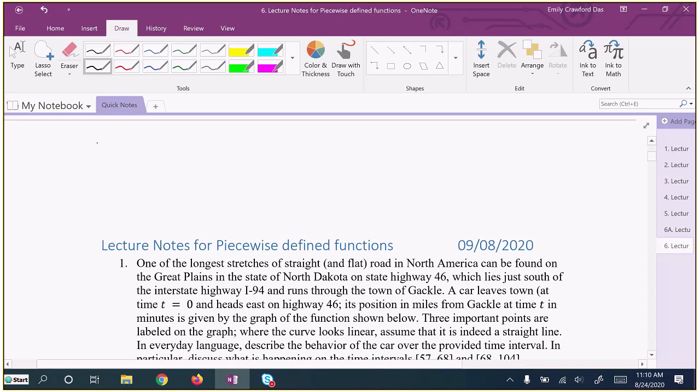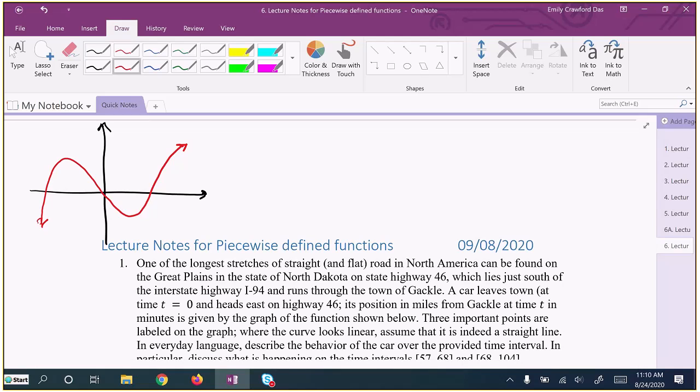So far, we know a lot about reading graphs, and we've seen several different types of functions. For example, I could have a function that looks like this, and if I was asked to find the domain and range, I would say, well, these arrows make it look like it's going to negative infinity on the left and maybe to positive infinity on the right.